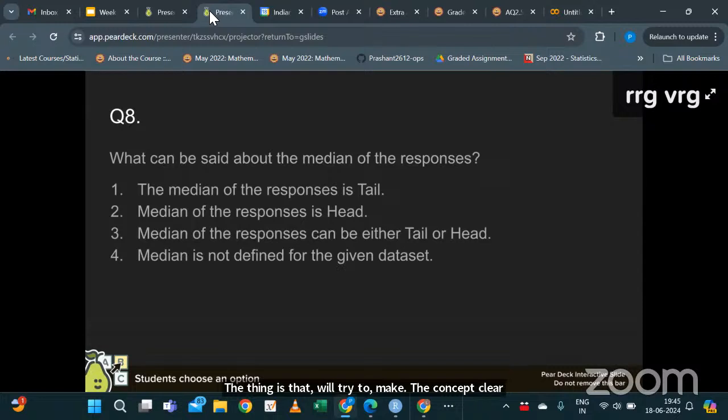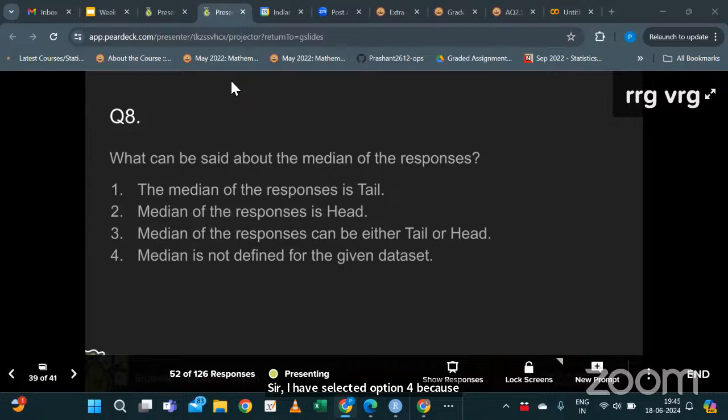That is the main intention of asking, so feel free to say why you selected option 2 or 3. Sir, I have selected option 4 because the median of a nominal data set is not defined. Yeah, that's correct, that is the correct option. I'm asking those who have selected option 2 and 3. No one?